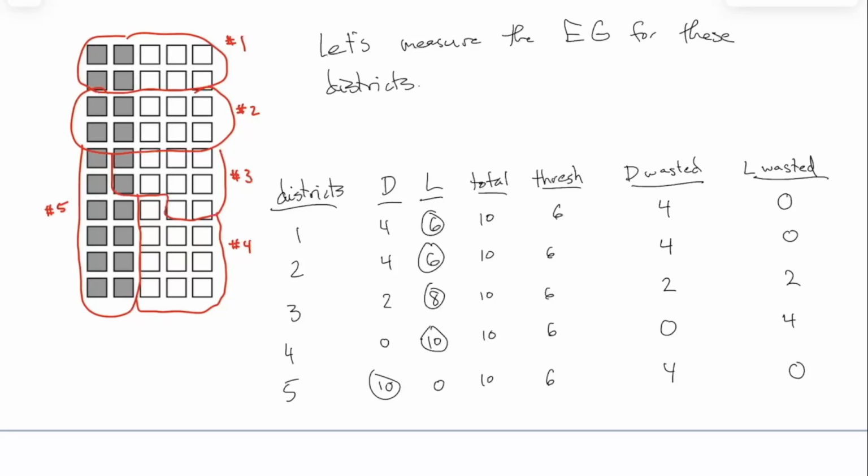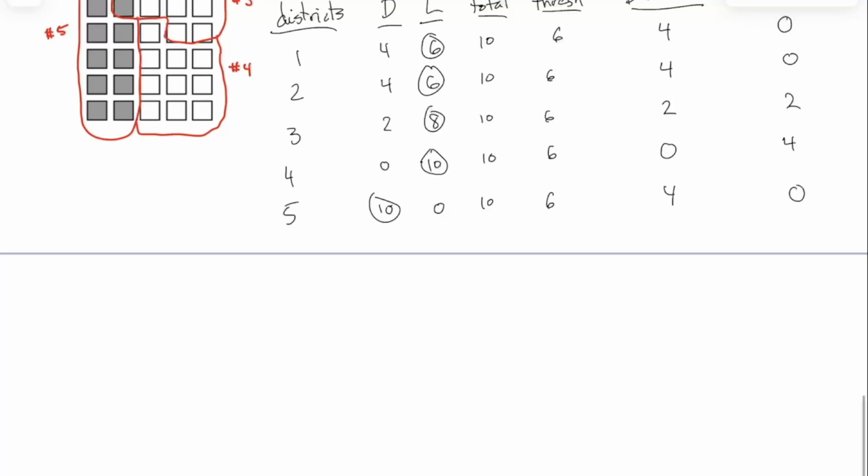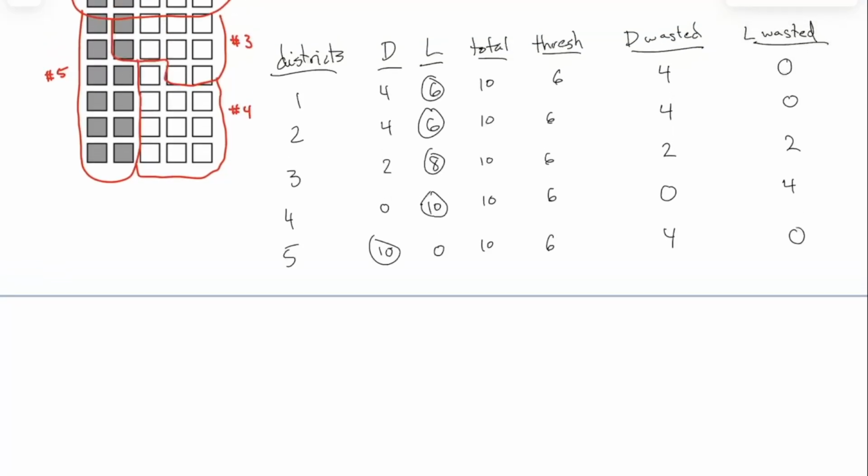How do you say the answer? So the efficiency gap is a specific number, and the way that you calculate your final answer here is it's all about who is wasting more votes than the other party. So we are going to add up the total of the wasted votes. The L's wasted a total of 6. The D's wasted, it looks like 14, right?